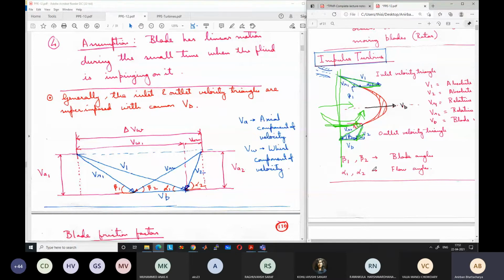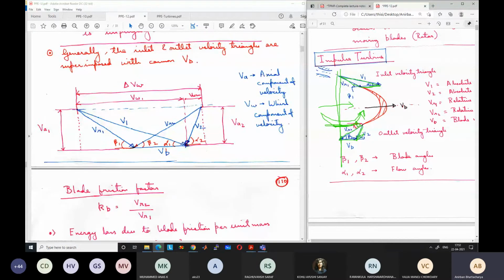So now we can look at the different components of velocity, what is happening in the blades. The actual flow is coming at a velocity v1 with angle alpha 1, and the flow is changing direction from alpha 1 to angle alpha 2 as drawn here, and its velocity is changing from v1 to v2. The absolute velocity is changing from v1 to v2. So it goes out with a velocity v2.